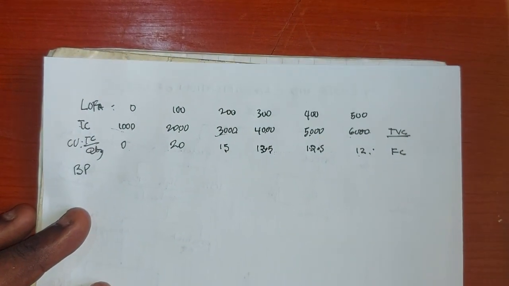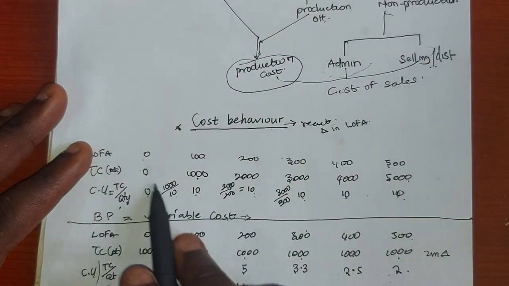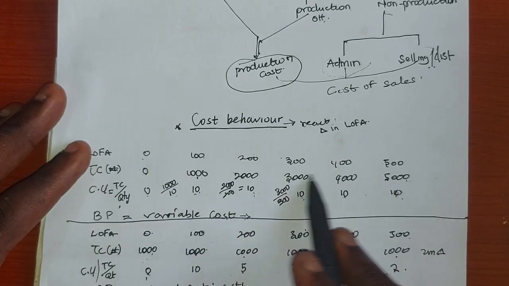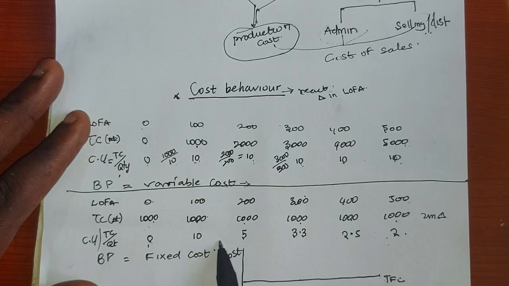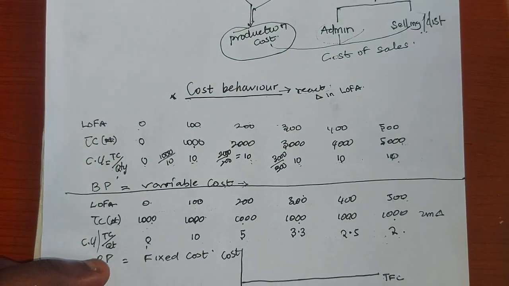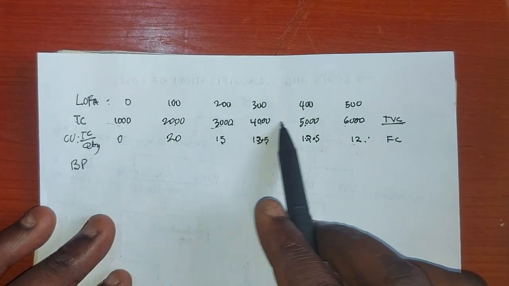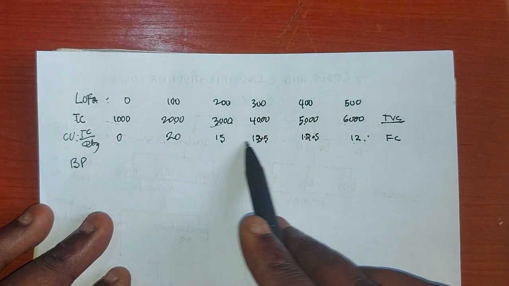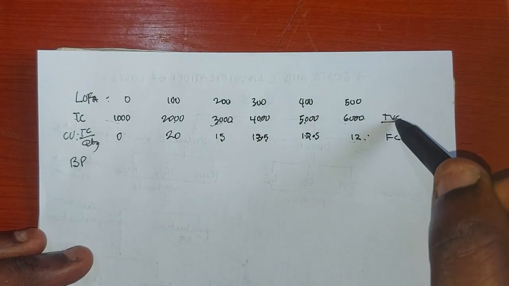Variable cost in total changes with the level of activity, while fixed cost per unit reduces. So in the same vein, in total it looks like a variable cost, and per unit it looks like a fixed cost. So it has both fixed and variable components.